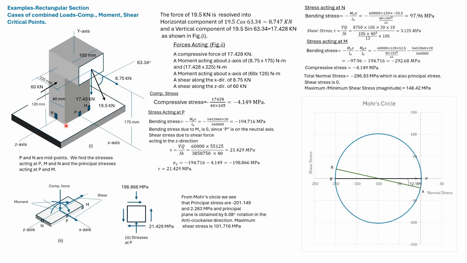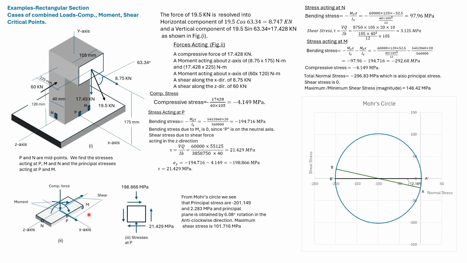A section is taken at the bottom and it is shown here. Due to the horizontal force in the x direction, we get this shear and part of this moment. Due to this vertical force, we get this compressive force and also part of this moment.